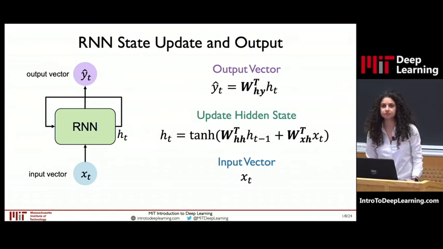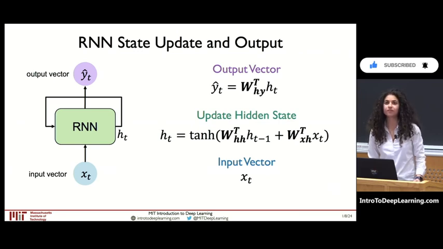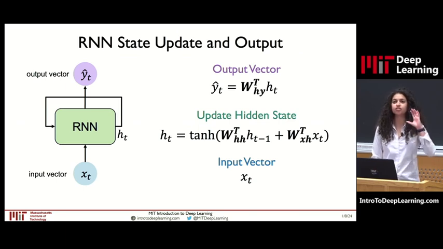Question: can you choose different nonlinear functions besides the tanh, and if so, do you have intuition on which ones to choose? Yes, absolutely. You can indeed choose different activation functions.